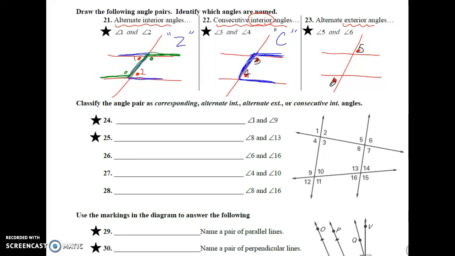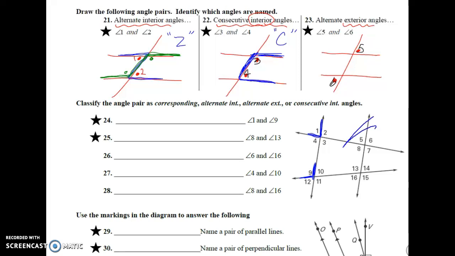If we move on now to question 24 and 25, this whole chunk, we're going to be using the same ideas that we just talked about above. So when you're looking at these, remember that you want to just focus on the angles that they ask about. For question 24, they want angle 1 and angle 9.